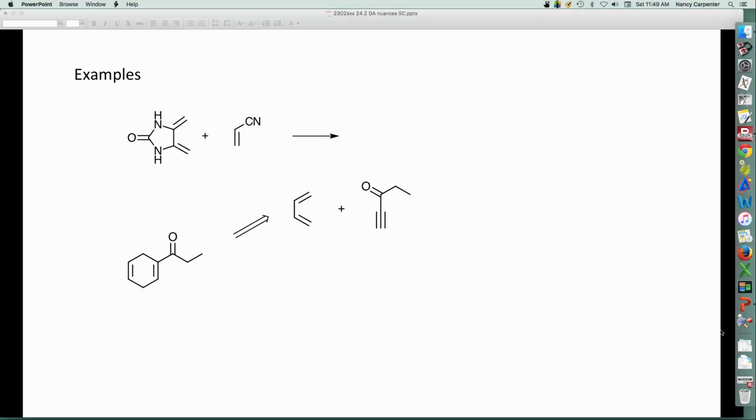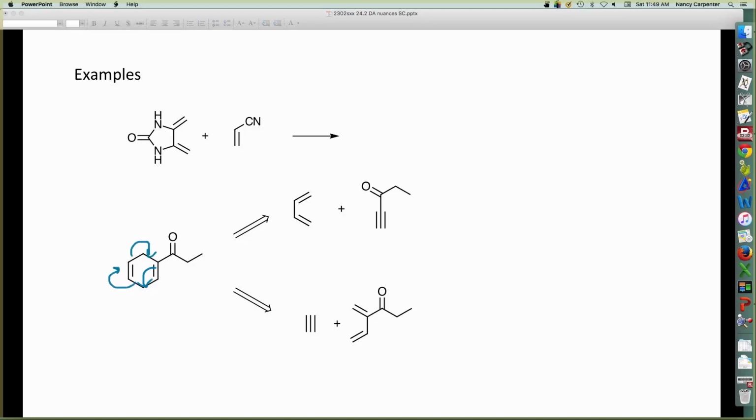Alternatively, I could go ahead and look at the other possible retrosynthesis as indicated by these electron movement arrows. So boom, boom, boom, and that gives me this diene and dienophile.